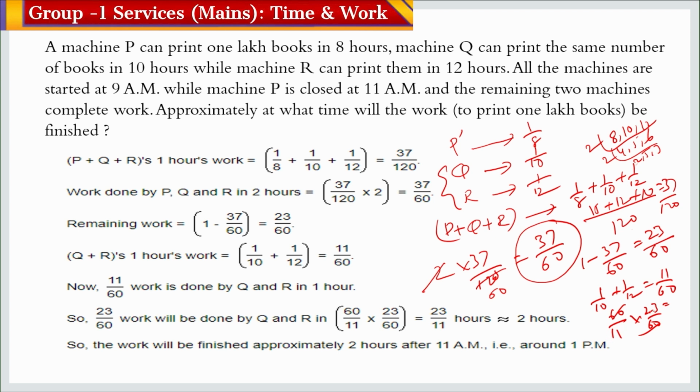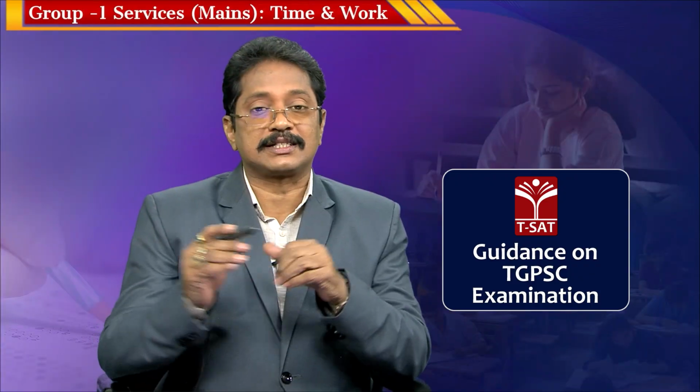Means approximately 2 hours. Means Q and R combinedly work for 2 hours. From 9 to 11, all the 3 machines, P, Q, R, work.